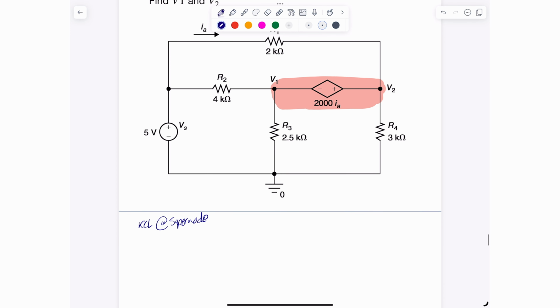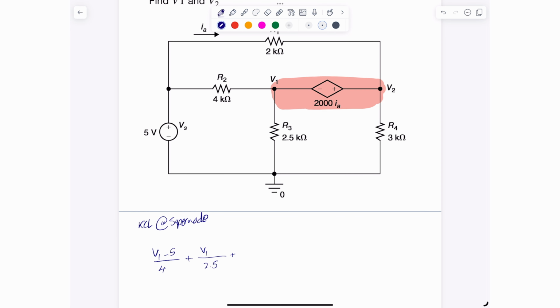That will be V1 minus the 5 volts divided by the 4 kilo ohms. Then the next one is V1 divided by 2.5, through R3. Then we ignore the current going through the voltage source. We move to the second node, and that will be V2 minus 5 divided by 2.